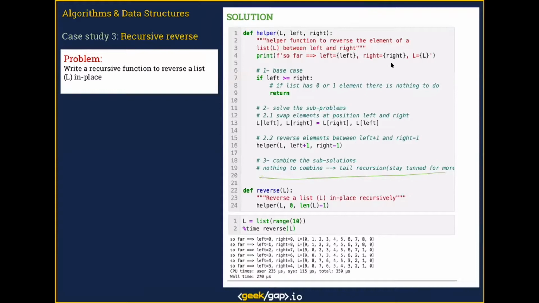And the whole point of tail recursion is that you don't need the subproblems to be kept in memory to solve the bigger problem. You're spot on. You don't need to keep track of the previous step because you never need it anymore.